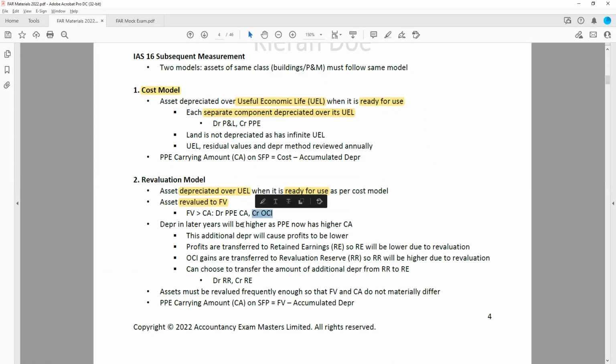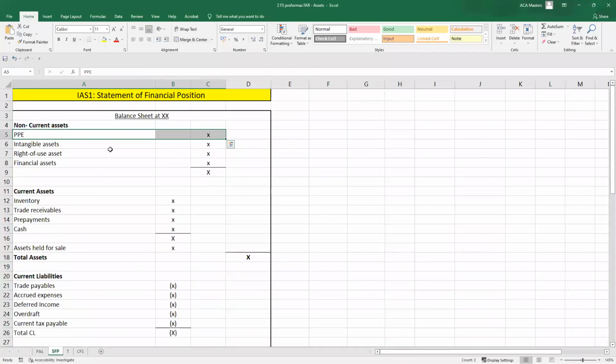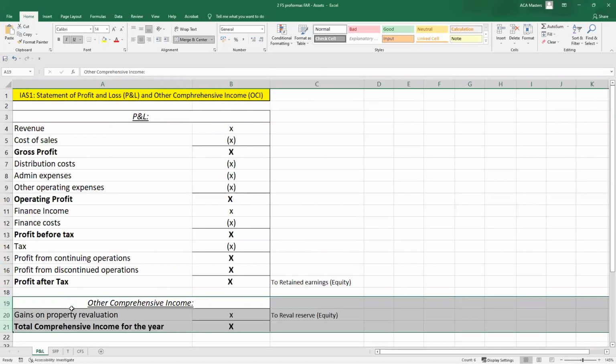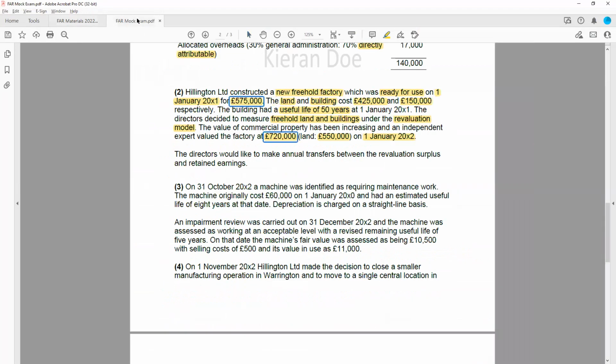So we'd record a gain through other comprehensive income. Therefore you'd have an increased asset because we've increased the asset up to fair value. The gain is recorded through other comprehensive income. So if you think about what happens going forward, we now have a higher carrying amount for our asset as it has increased in value.